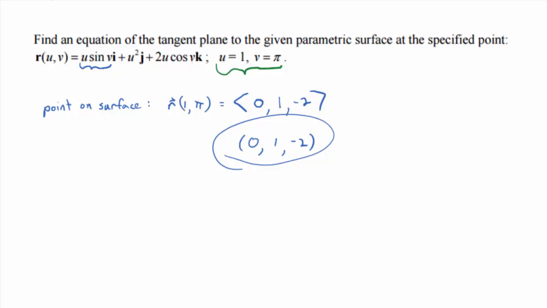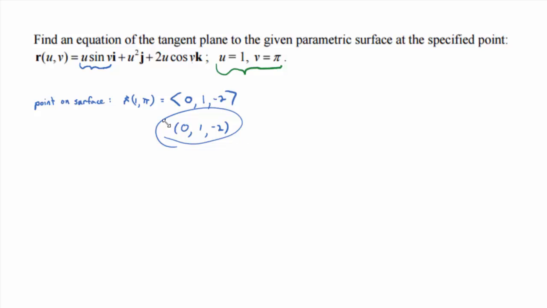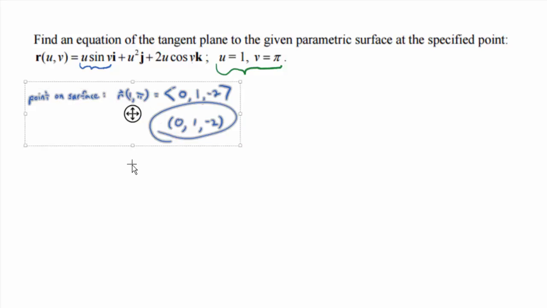Okay? All right, so that's good to keep in mind. Now, we've already discussed once tonight, how do you find the equation of a plane? What two things do you need? A point, right? We've got our point, don't we? But you also need a normal vector, right? So this is where the new stuff comes into play.